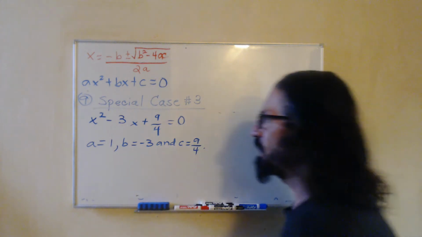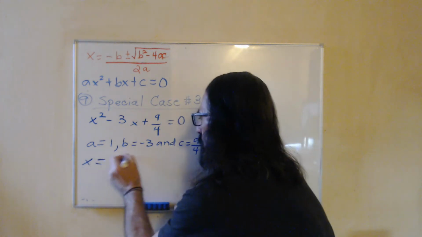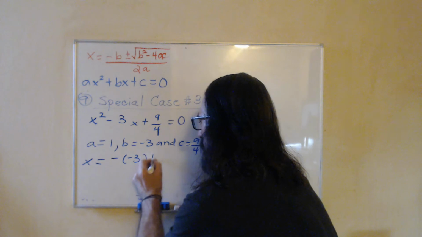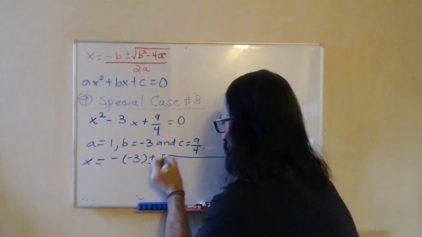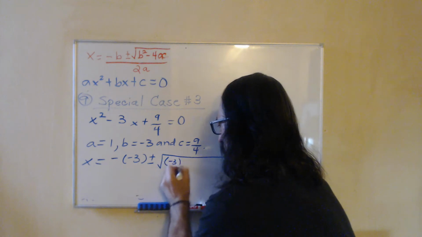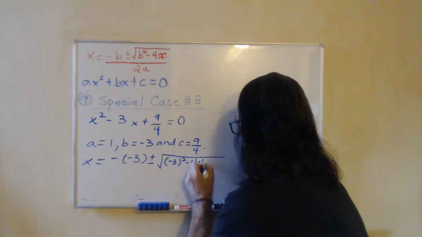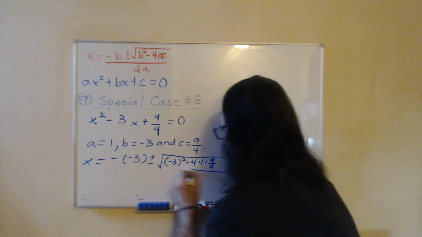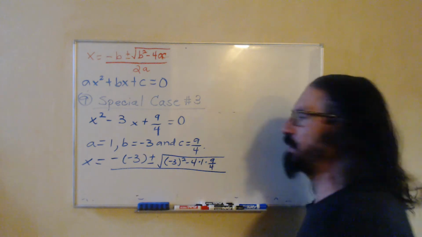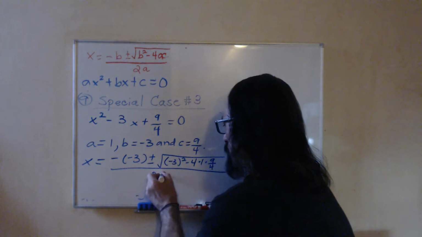So plugging that in, negative of -3 plus or minus the square root over all of the following: -3 squared minus 4 times 1 times 9/4. All of that, including the -3 and including what's under the square root, all over 2 times 1.